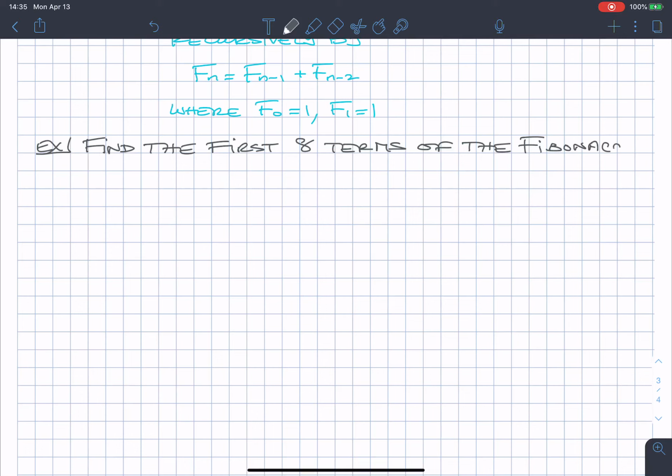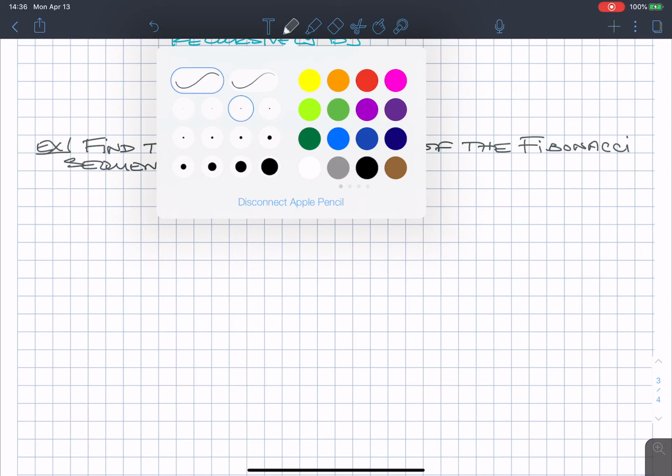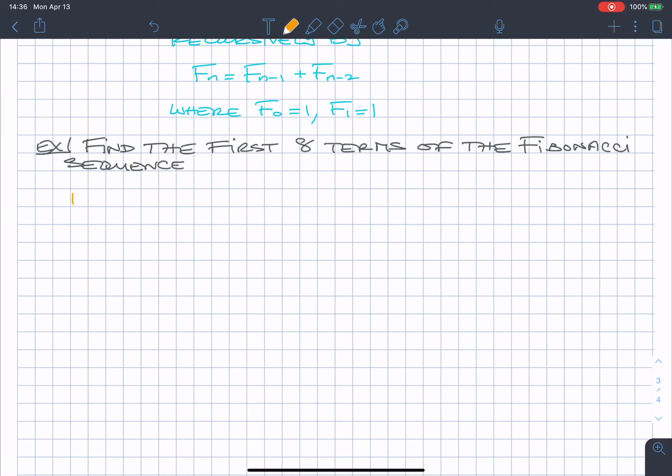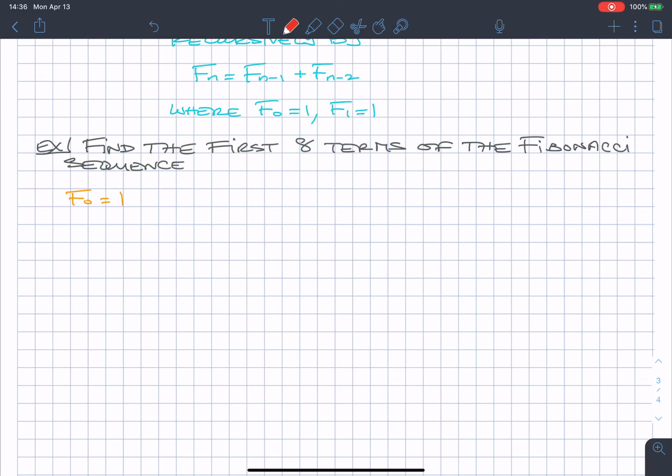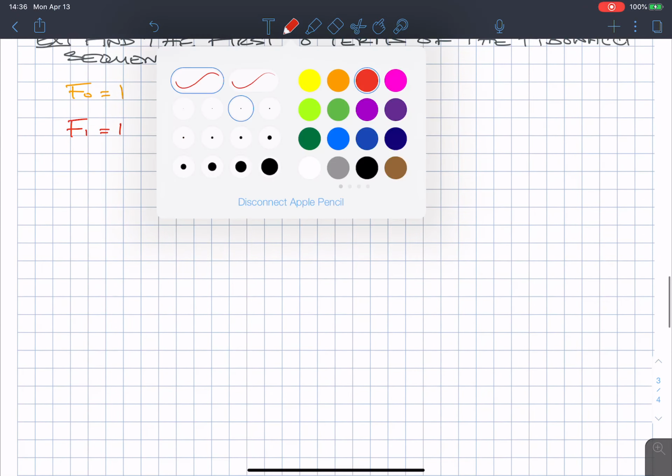Okay, so what do we know? We know that f sub 0 is 1. We know that, what color should I use? F sub 1 is also 1. So we're just starting with f sub 2.